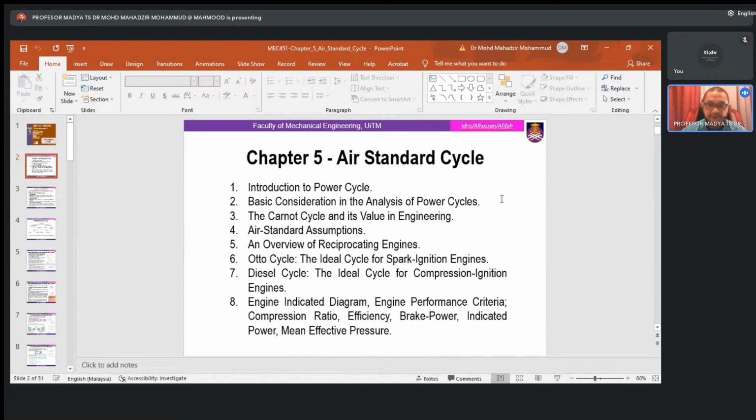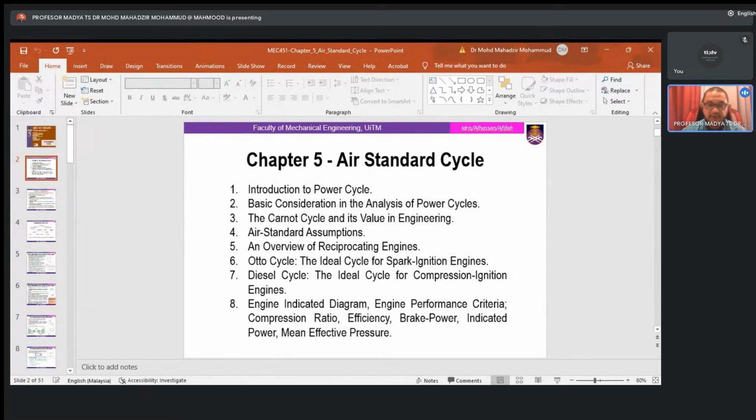So in this session, the outcomes of the course for the students: you should be able to review the operations of reciprocating engines. That is outcome number 1.